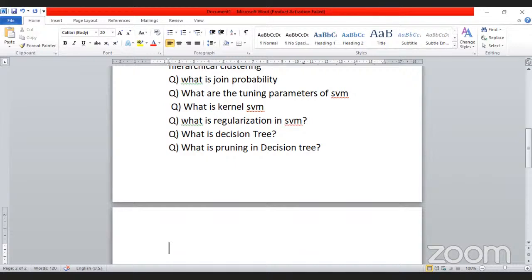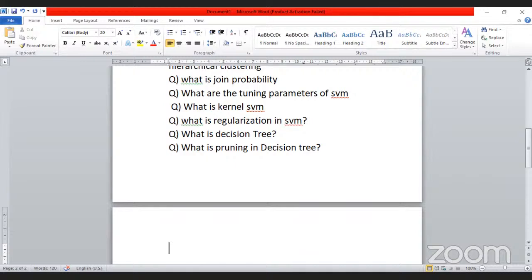There are two types of pruning, pre-pruning and post-pruning. Pre-pruning means we don't want this many leaves or this many rules, so we already give the criteria, the number of nodes we want. That is pre-pruning.